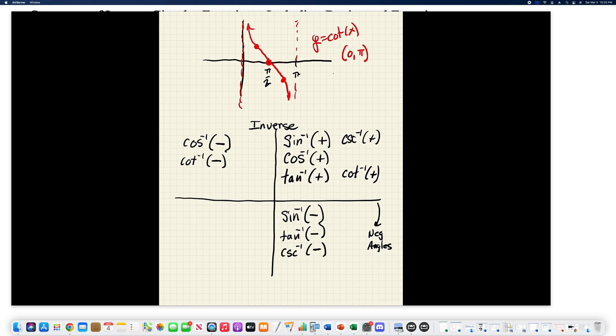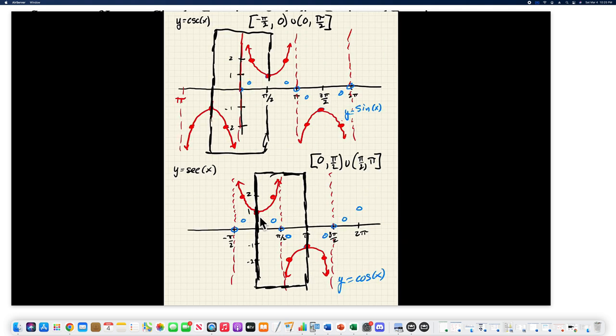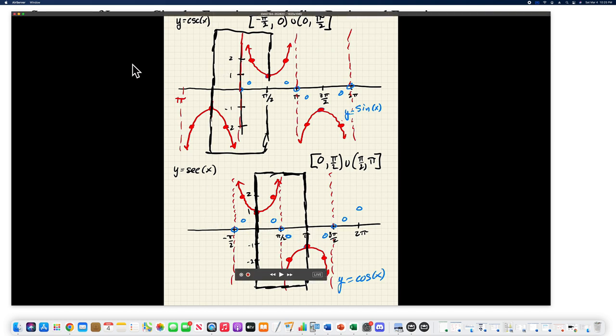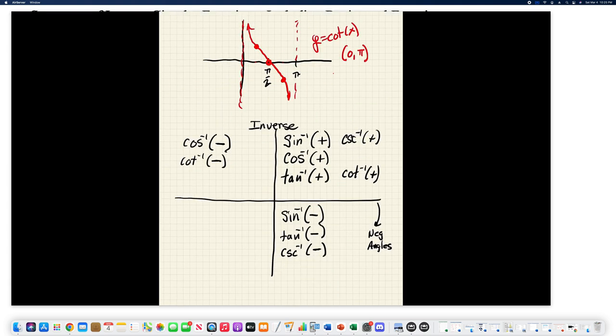And then going back to that other tab, looking at secant, we were going from 0 to pi, just like we were for cotangent. All right, so last but not least, our inverse secant of a positive. They're all positive in quadrant 1, and our inverse secant of a negative is in quadrant 2.